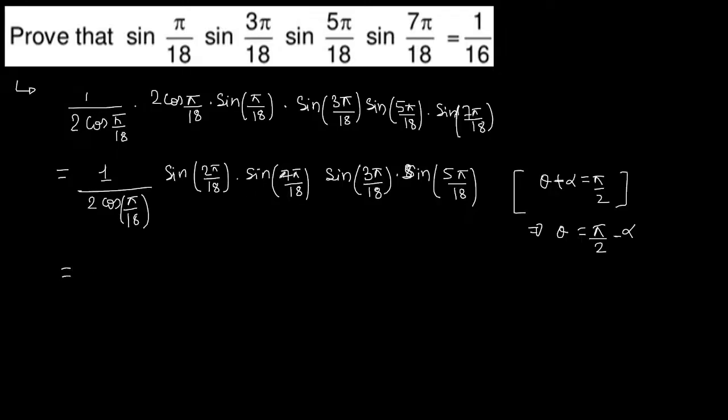So pi by 2 minus alpha is cos 2 pi by 18. This is sin 2 pi by 18 whole divided by cos pi by 18.